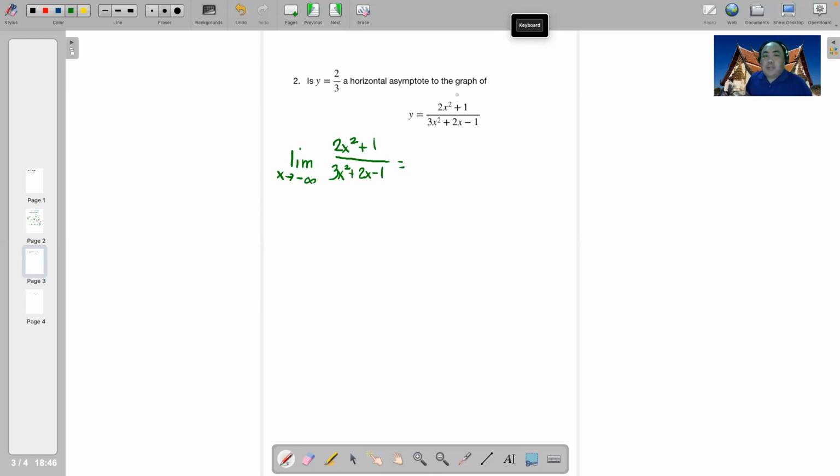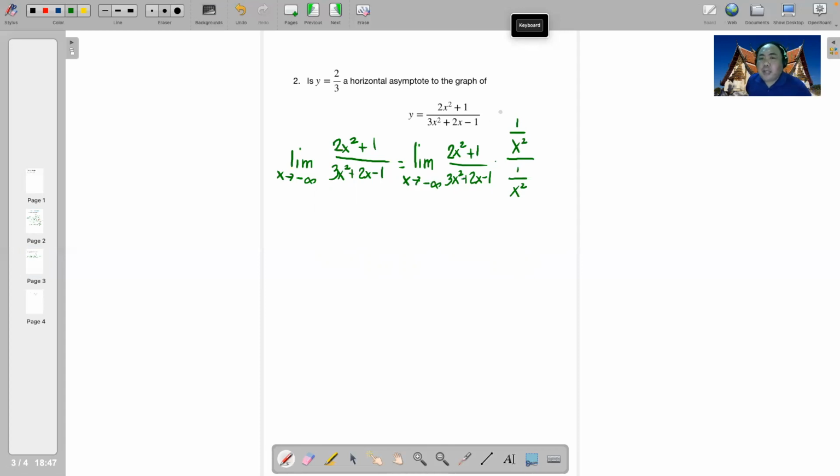Again, we ask ourselves, what is the largest exponent with respect to x? In this case, it's x squared. So the factor will now change into the limit of 2x squared plus 1 all over 3x squared plus 2x minus 1, times 1 over x squared divided by 1 over x squared, as x approaches negative infinity.